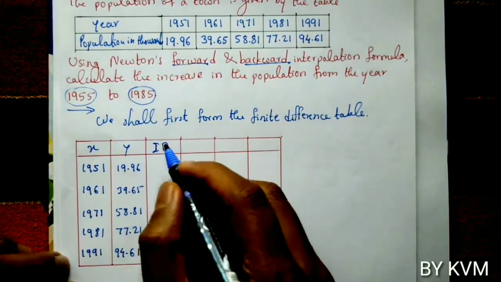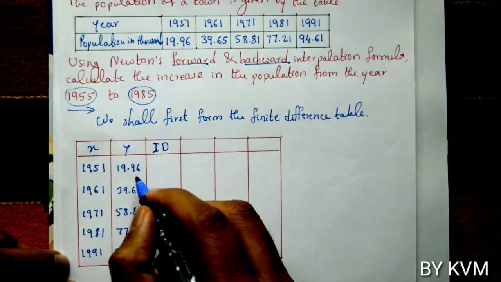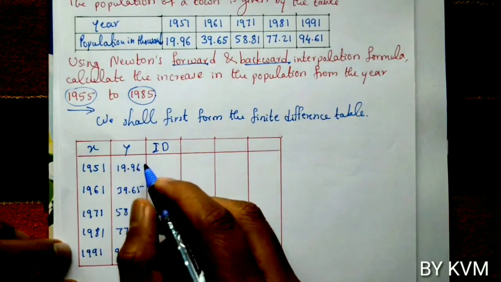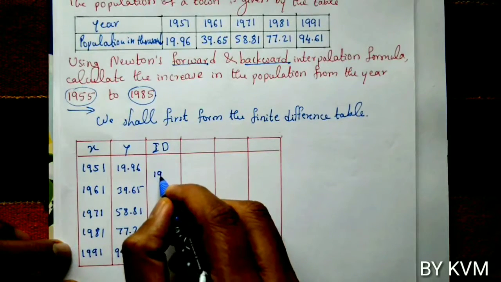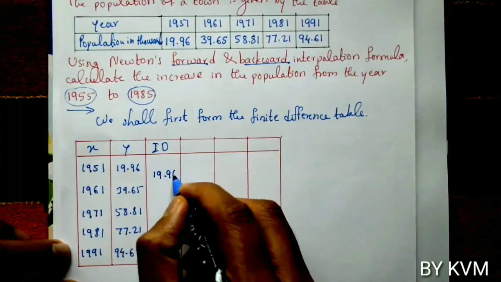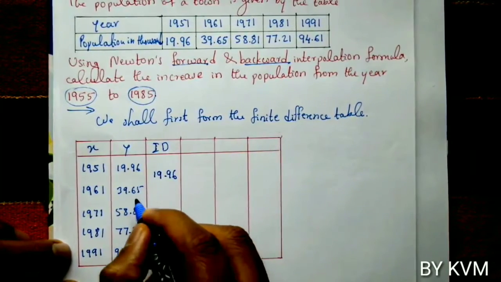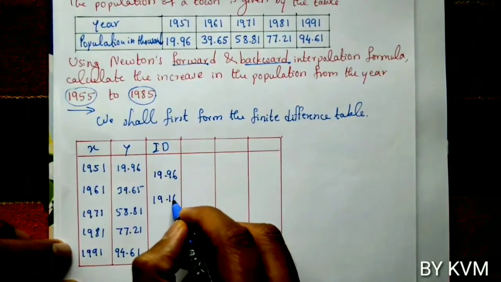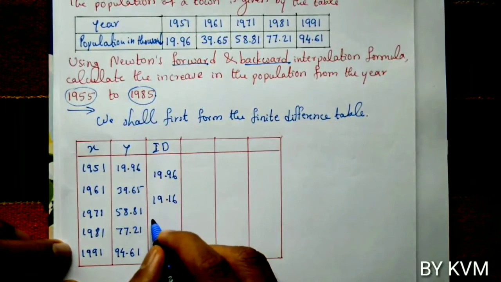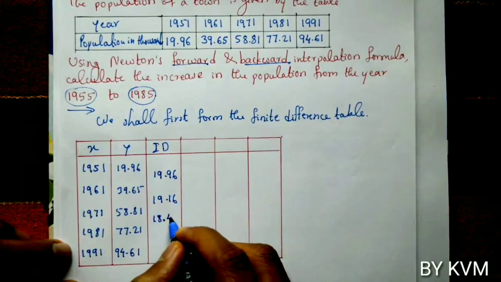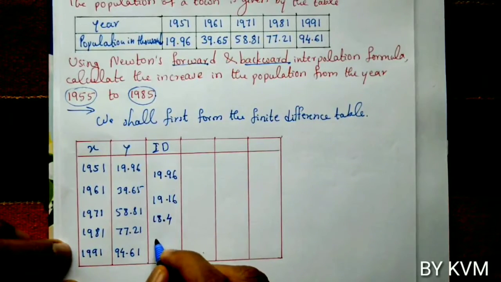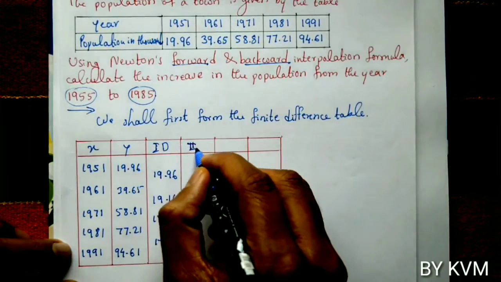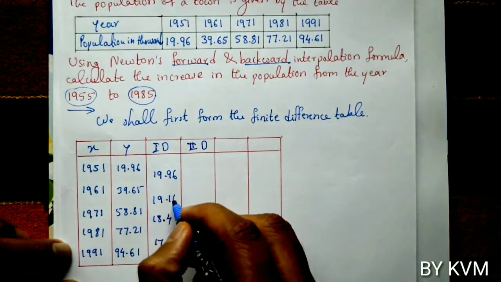Now find the first forward differences. Taking the difference of the values in column y: 39.65 minus 19.96 is 19.69, then 58.81 minus 39.65 is 19.16, 77.21 minus 58.81 is 18.4, 94.61 minus 77.21 is 17.4.